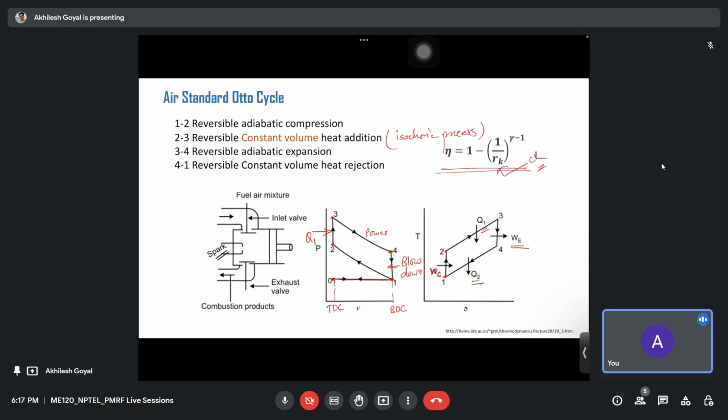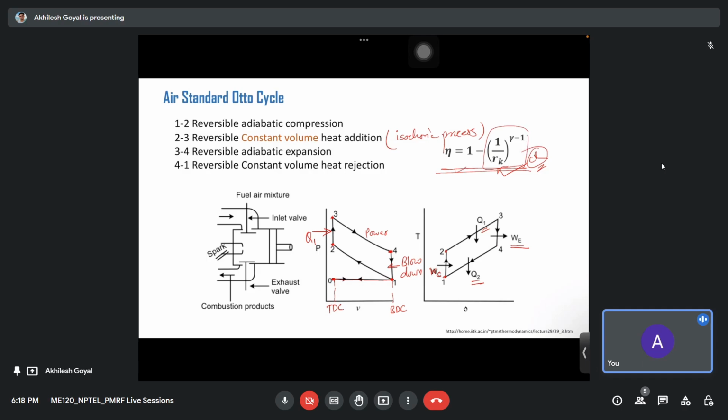So from this equation we can see the efficiency solely depends on the compression ratio. If the compression ratio is increased, 1 by RK will decrease, subsequently this whole term will decrease and the efficiency will increase.